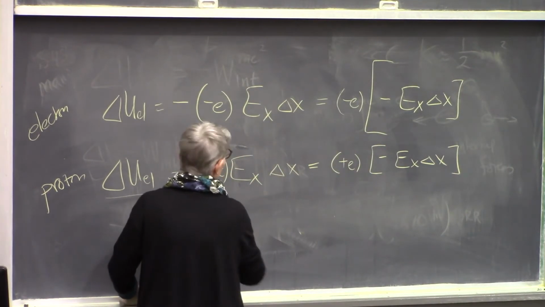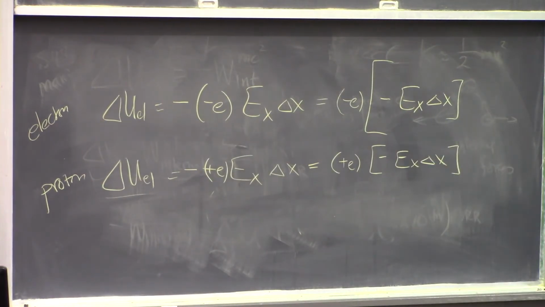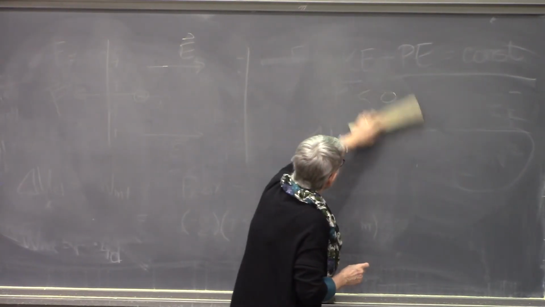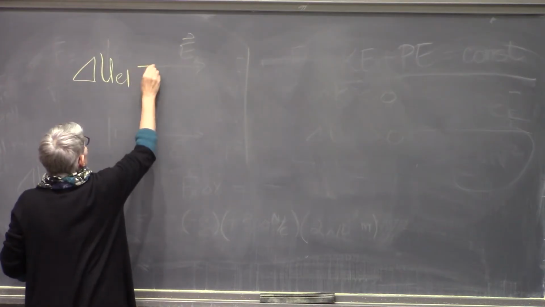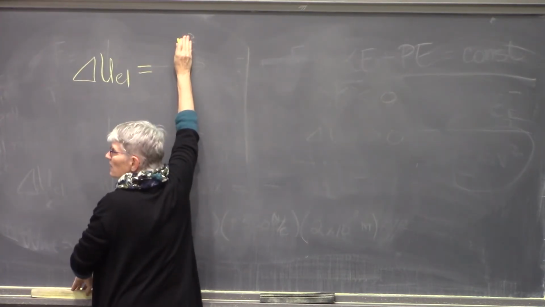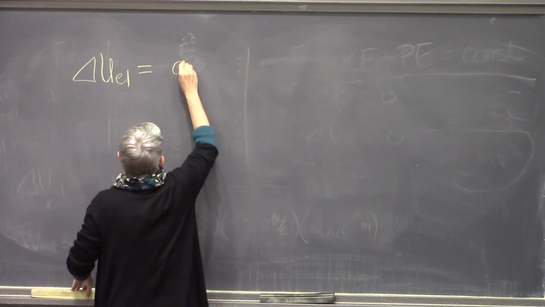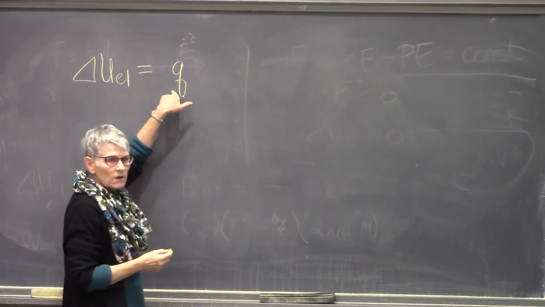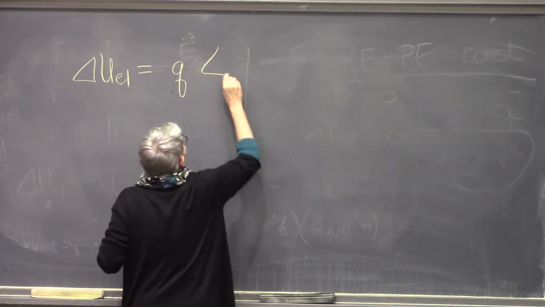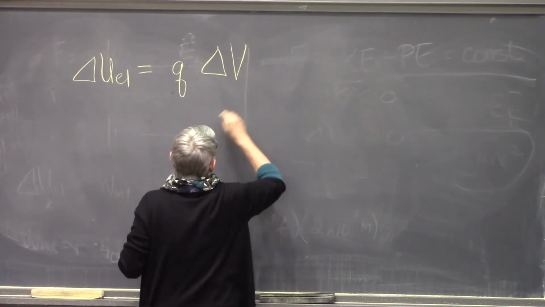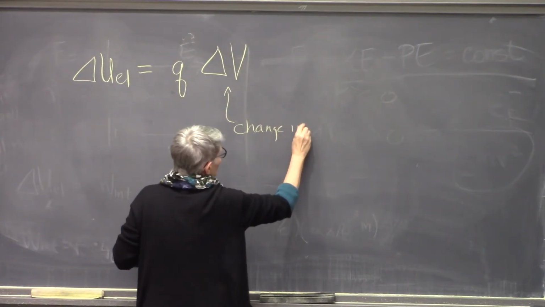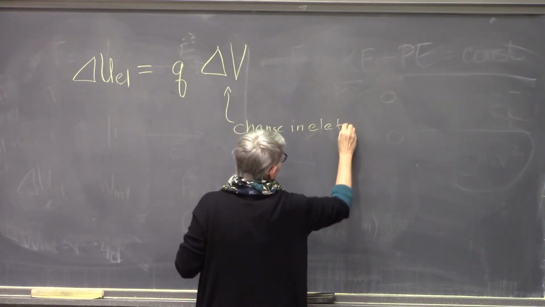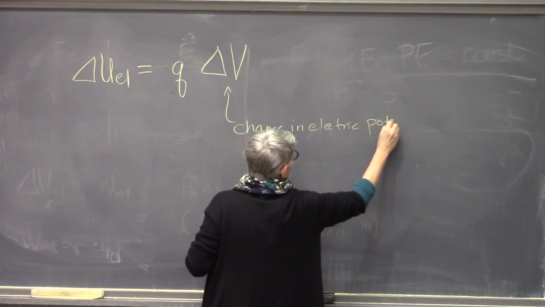So we can write this more generally: the change in electric potential energy is going to be equal to Q, which is a signed number, times what we call delta V. This is the change in electric potential.